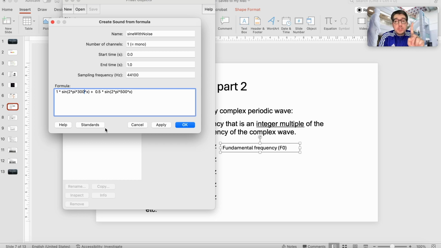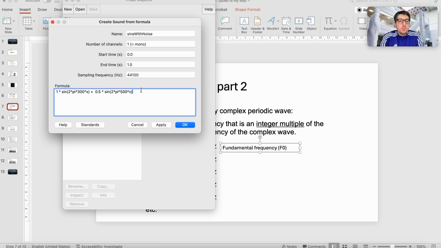So the first component wave will be 300 hertz. The second will be 500 hertz, but they will have different amplitudes. The first will have an amplitude of 1, and the second will have an amplitude of 0.5. And the end time would be 1 second.